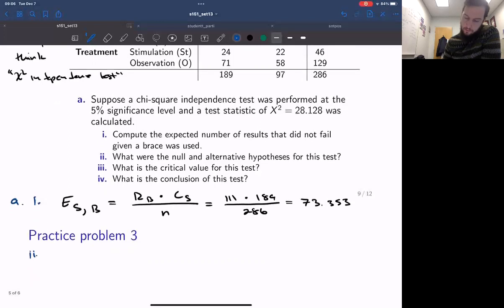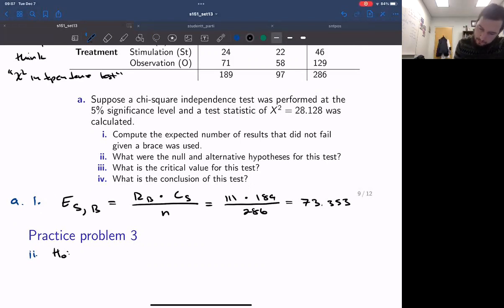What were the null and alternative hypotheses for this test? Okay, so it's a chi-square independence test. The null hypothesis will always be that the variables are independent or not associated. And the alternative will always be that the variables are not independent or are associated.